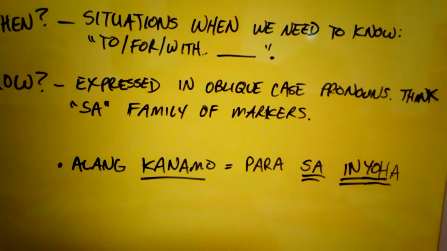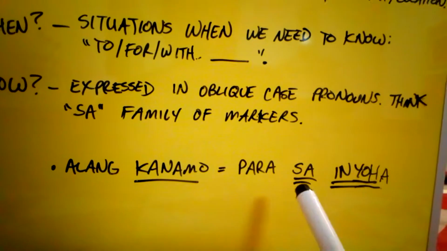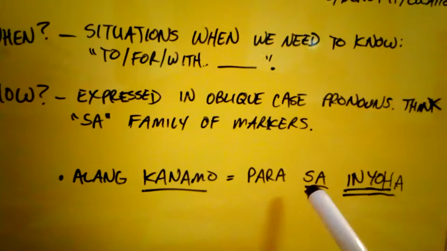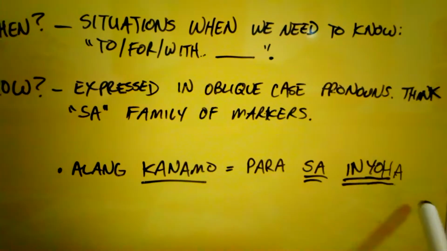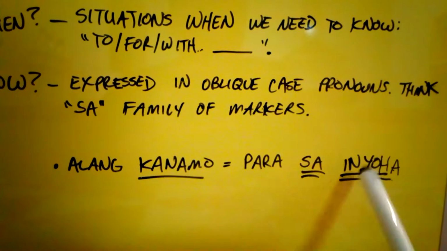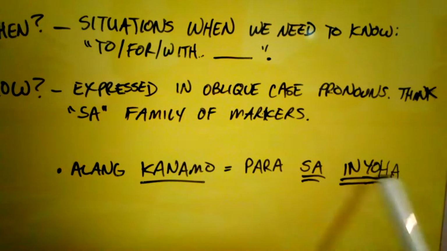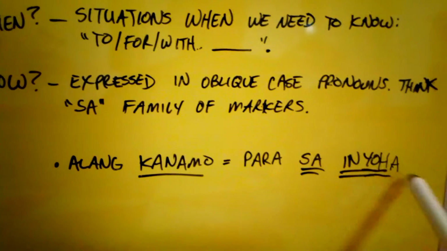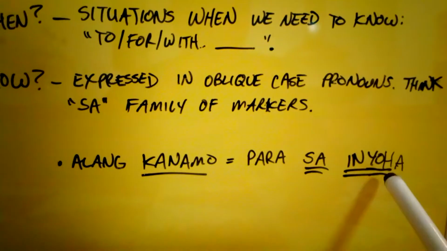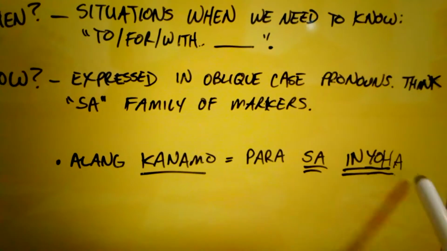Because remember, we're talking about that sa family of markers, and you'll learn in the intermediate series that specifiers will come with this sa preposition, right? So para sa inyo ha, which specifies something else, right? It's optional again, unless it's specifying something, an object.